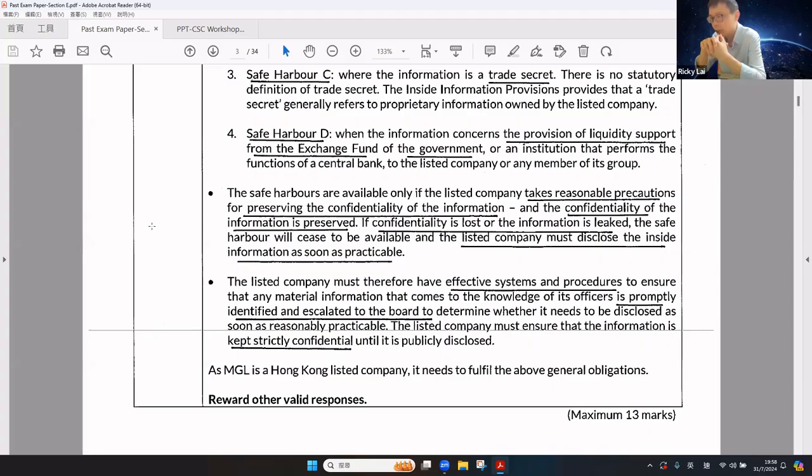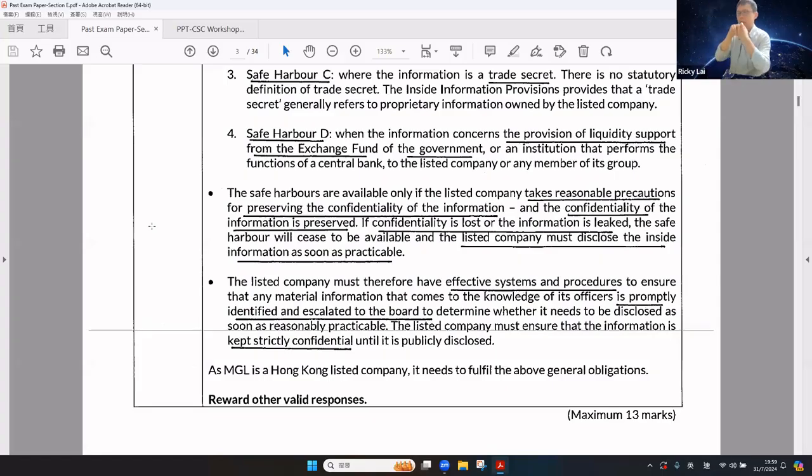As a result, when providing any document relating to inside information during the due diligence process, every document should be marked highly confidential, which can build up a duty of care to protect any confidential information. Otherwise, if the information is leaked to others, this may trigger unusual swings in share price and trade volume. As a result, the confidentiality under the safe harbor cannot be used. The listed company must disclose the inside information as soon as practicable.